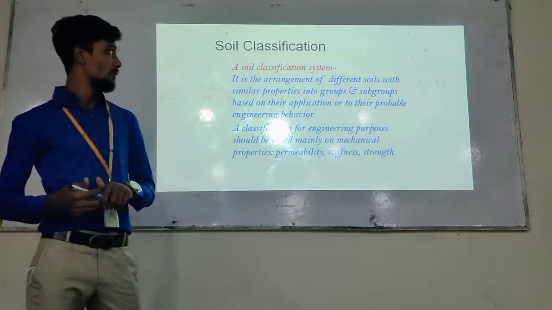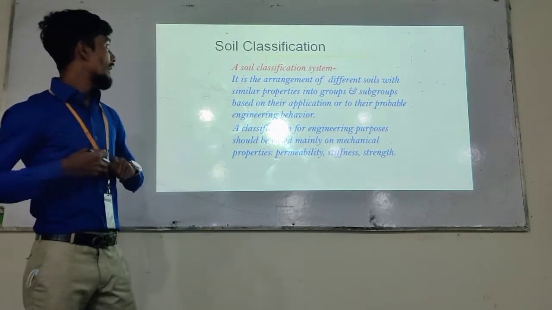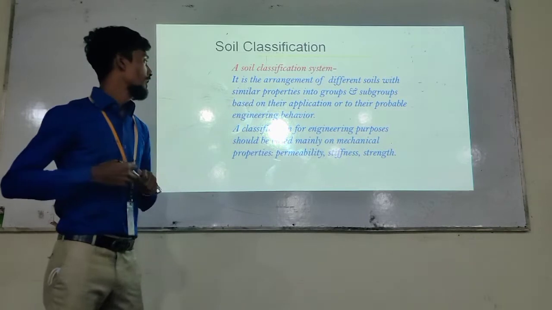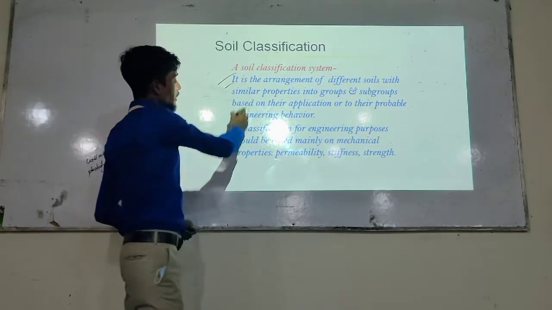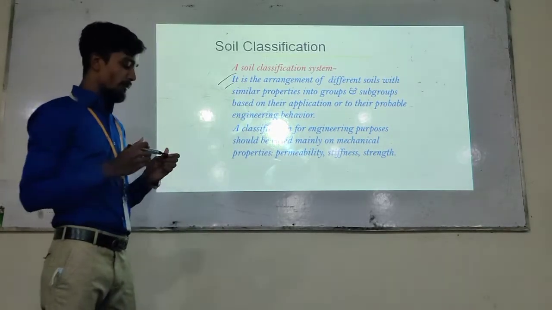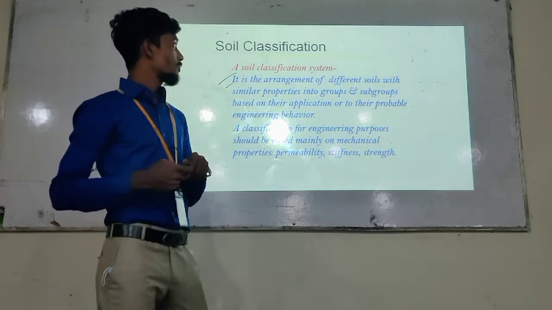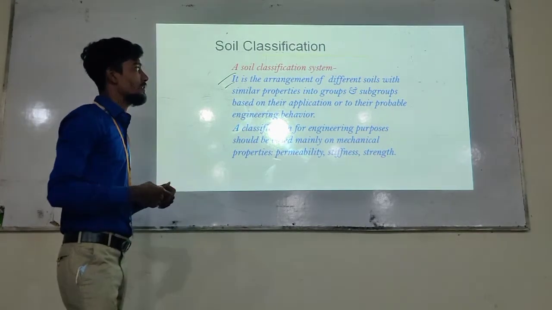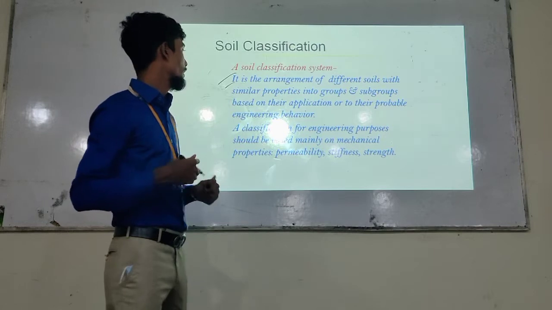Today our presentation is about soil classification. At first we need to know some terminology. In a soil classification system, in the first part, we divide the soil into defined groups and subgroups based on their application or their overall engineering behavior.